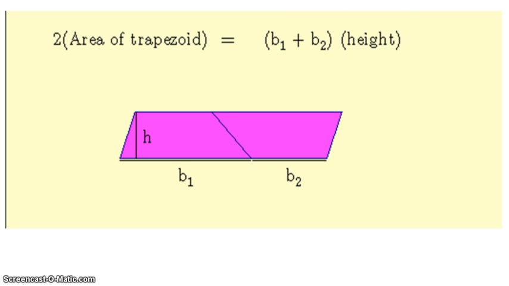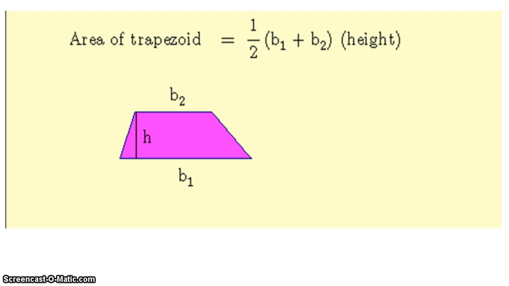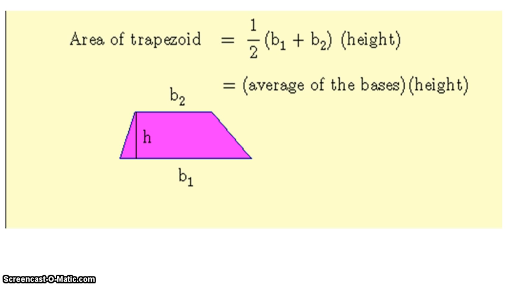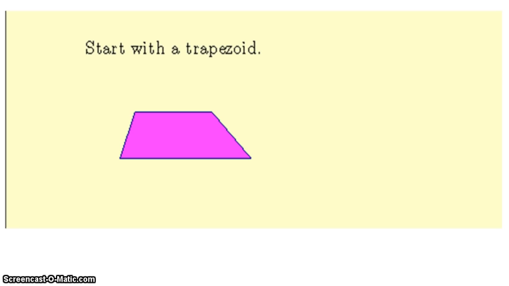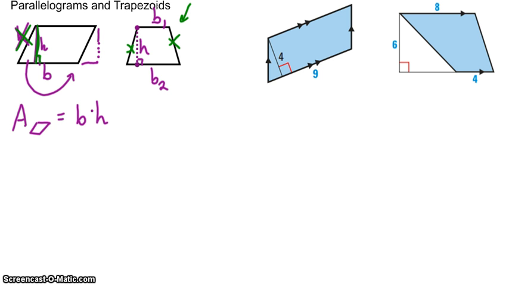The area is base 1 plus base 2 times the height, right? Base times height. But since we're dealing with only half of that, we'll have to take half of base 1 plus base 2 times the height. In other words, that's the average of the bases times the height. So the area of any trapezoid is base 1 plus base 2 divided by 2, and that number times the height.